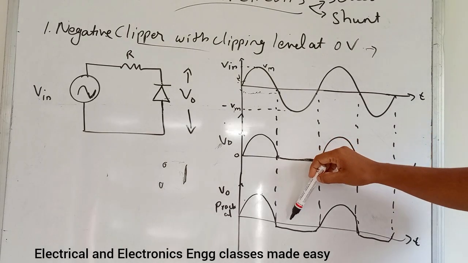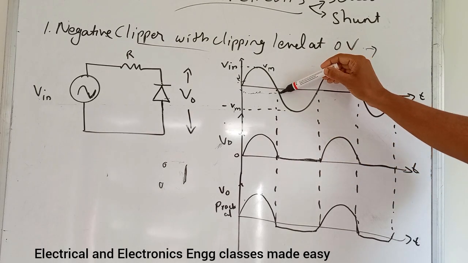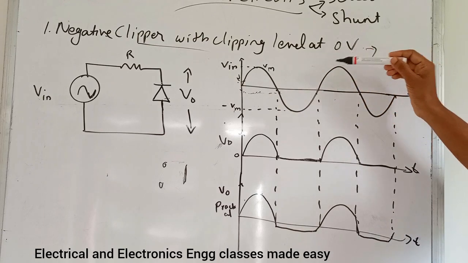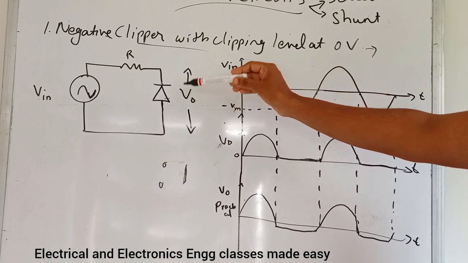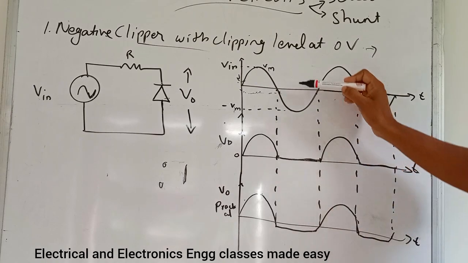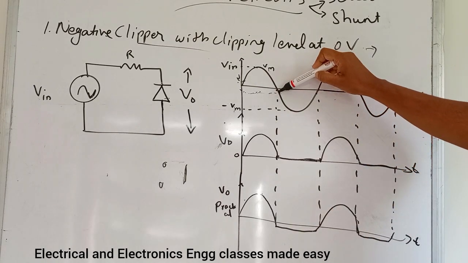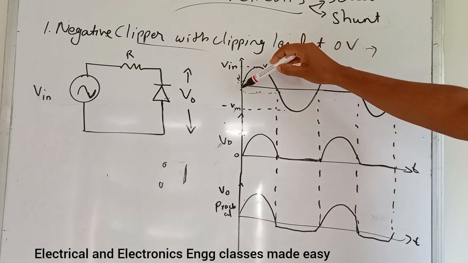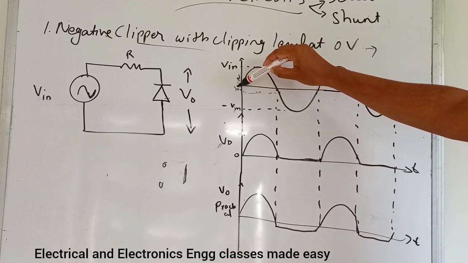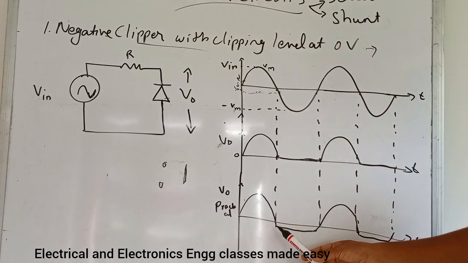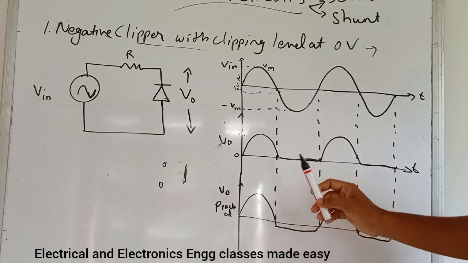So in practical case, the clipping occurs at the voltage drop across the diode. That is, let it be 0.6 volt. Then clipping will be at 0.6 volt.